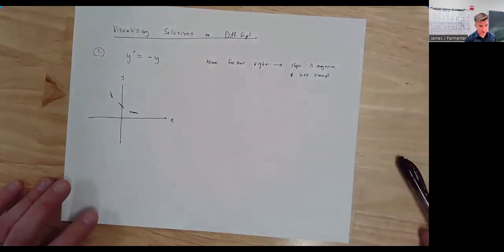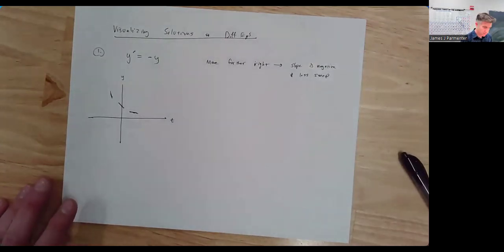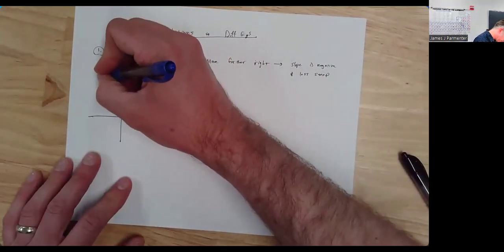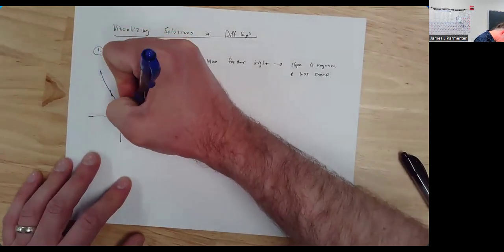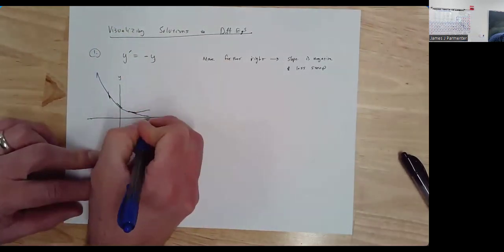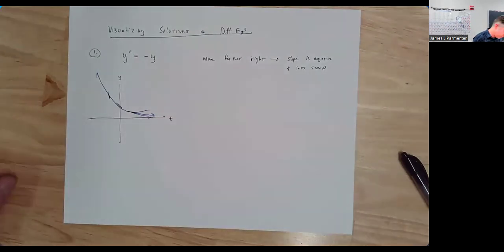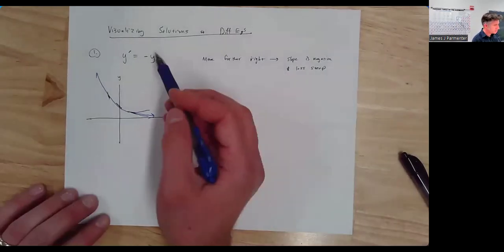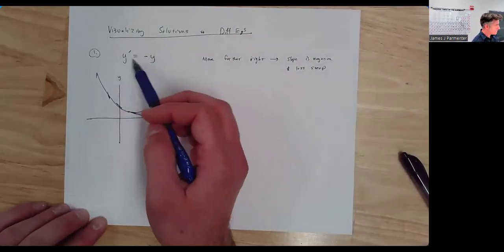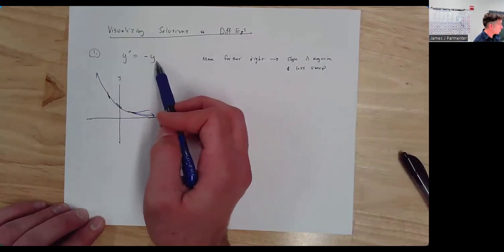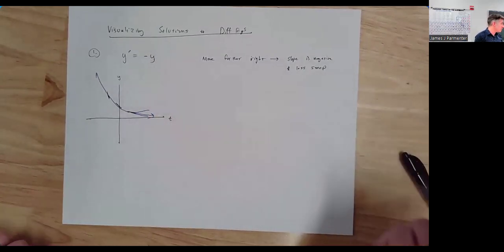So maybe, and this is where I'm really bad at this, maybe my graph looks something like this. Oh, wow. Geez. See, I told you. I warned you. Sorry about that. It looks like it might be some exponential function. In fact, I'm sure it's an exponential function because I know the solution to the derivative equal to a multiple of my function is always an exponential.